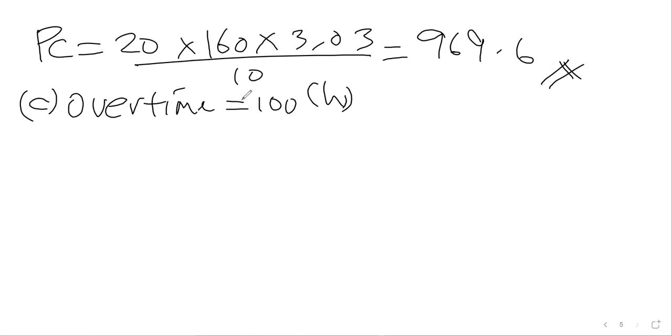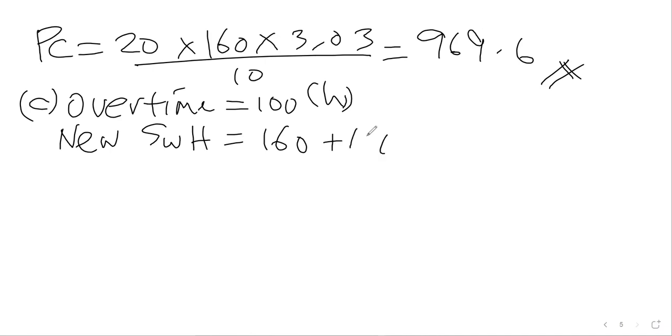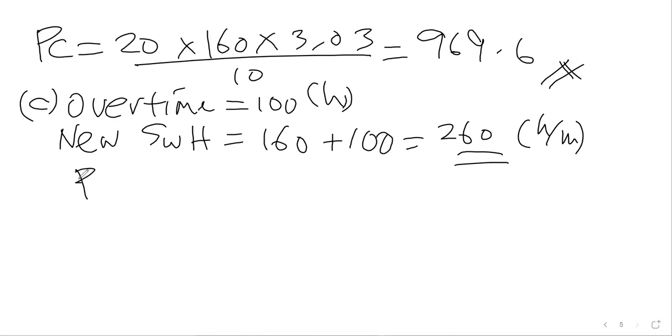So the new SWH: previously you had only 160 hours per month, but with overtime of 100 hours you have more time to produce. So you have 260 hours per month for this operation. You can use this time to calculate the PC.